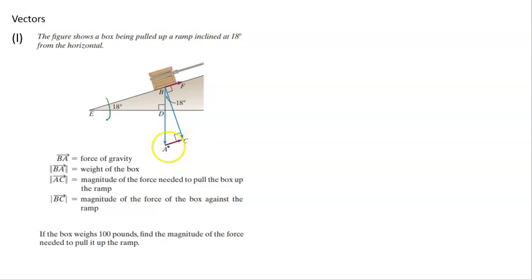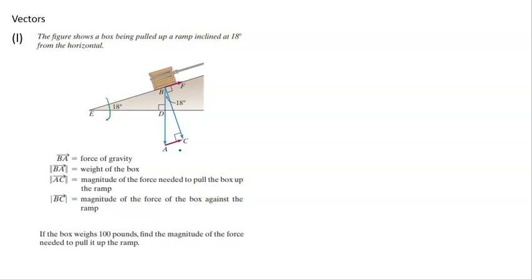So whatever that force is, that's how much we need to pull the box up the ramp. You notice it's at the same angle as the rope and the incline pulling it up the ramp. BC, where's BC? That is perpendicular from the base of the box down. That's the magnitude of the force of the box against the ramp. So that's the box pushing against the ramp.